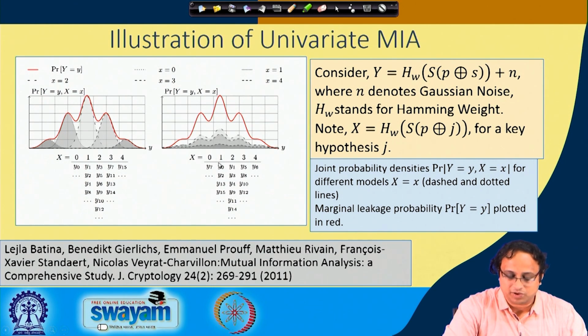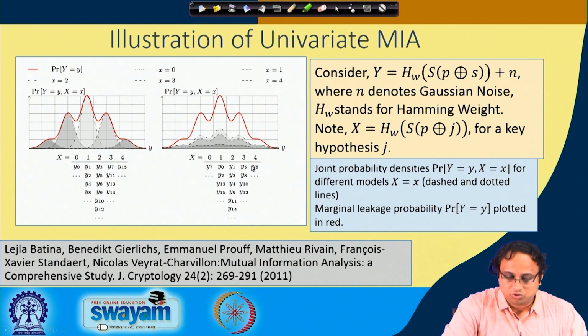The reason why it differs is because when you are guessing the key wrongly, there is a kind of mismatch. The mismatch you can observe again by observing this table. Again x equal to 0, 1, 2, 3, 4 are all the Hamming weights of the guessed state, and these are the corresponding y values.